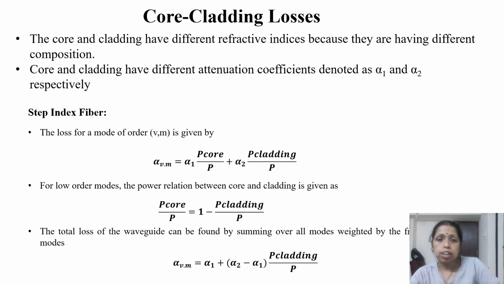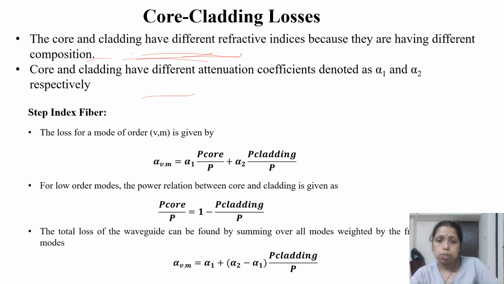These are the core cladding losses. The core cladding loss is somehow related to the scattering loss, but why does it happen? Sometimes there is a change in the refractive index in core and cladding due to some compositions. So whatever amount of power should be distributed inside the core, we will not get the exact amount.